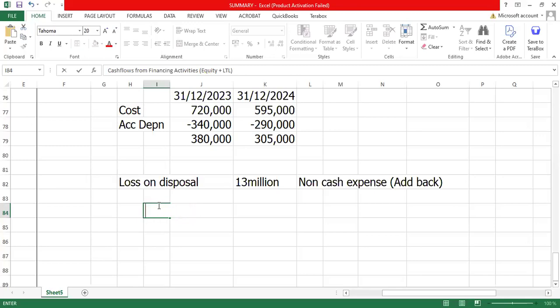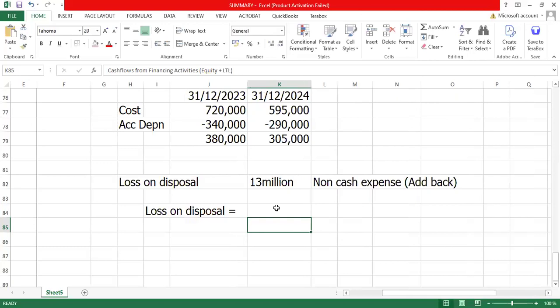We compare two things to know whether there is loss on disposal. You compare the net proceeds and the asset. If it's loss on disposal, it means that net book value is higher than the disposal amount.